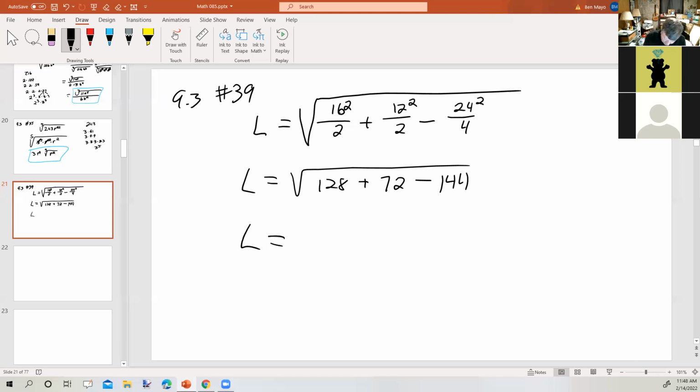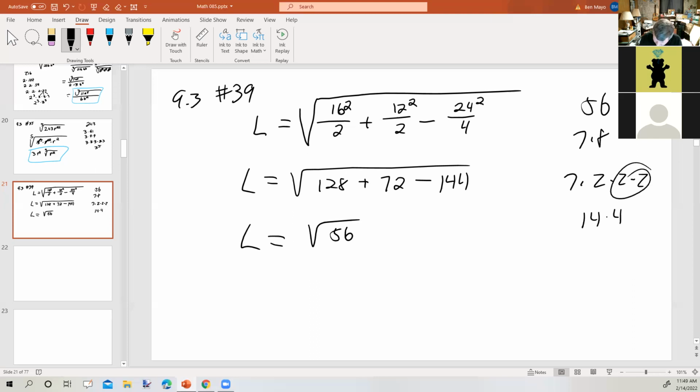Now, if we take 128 plus 72 minus 144, we get 56. 56 is 7 times 8, which is 7 times 2 times 2 times 2, or what, 14 times 4. And what I'm doing is breaking it down as a square of the leftovers. So we're going to get 2 square roots of 14. So that would be the exact answer, 2 square roots of 14.